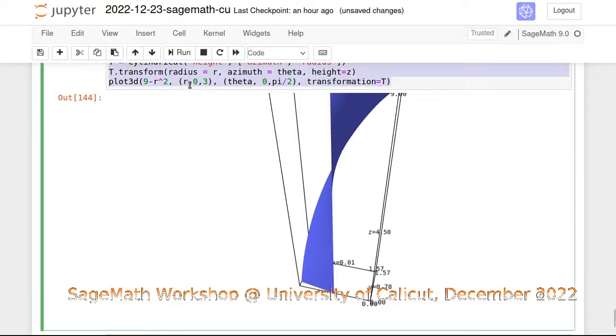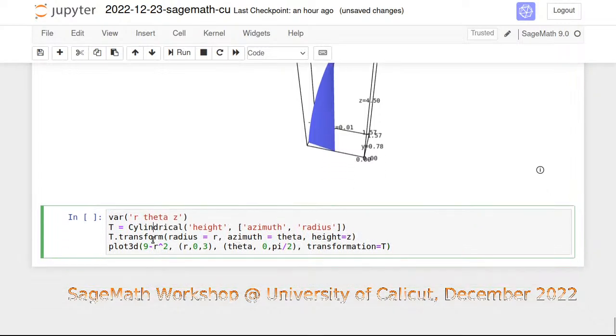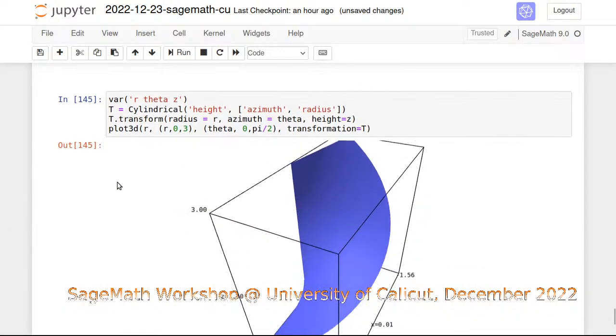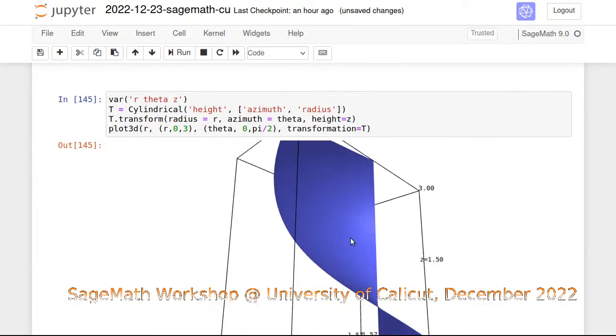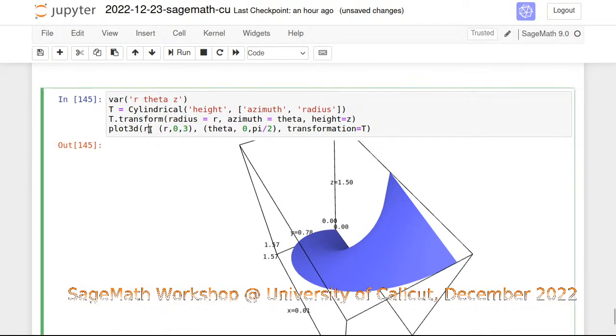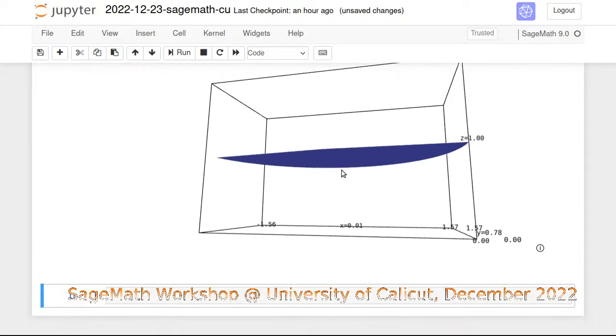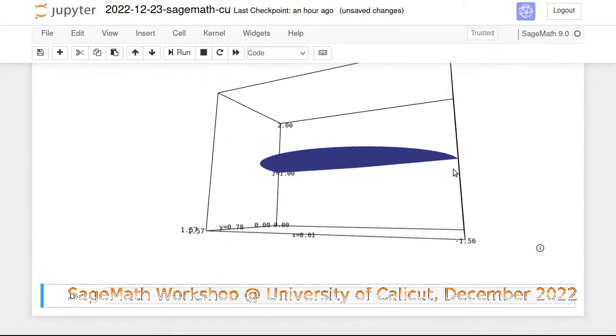Let us see. All of the parameters with Plot3D will work even here. Suppose we take just r. So r is in 0 to 3. In every angle, we are supposed to distribute this r along. Now, if we take just equal to 1, then it's this.